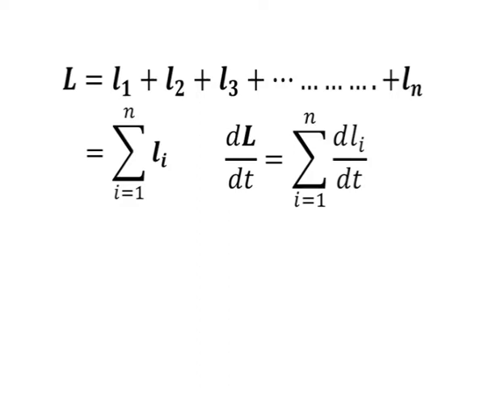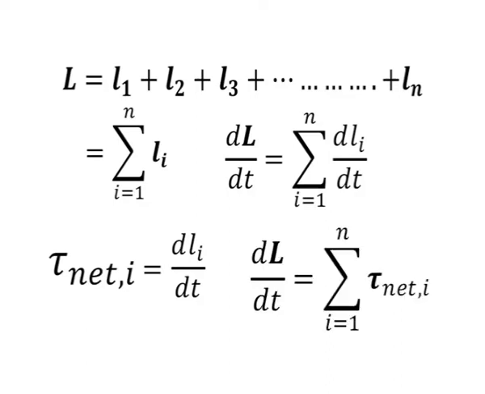Here we see that dLi/dt is the net torque τ net on the ith particle. So, we can write dL/dt = sum of τ net,i from i = 1 to n. That is, the rate of change of the system's angular momentum is equal to the vector sum of the torques on the individual particles.